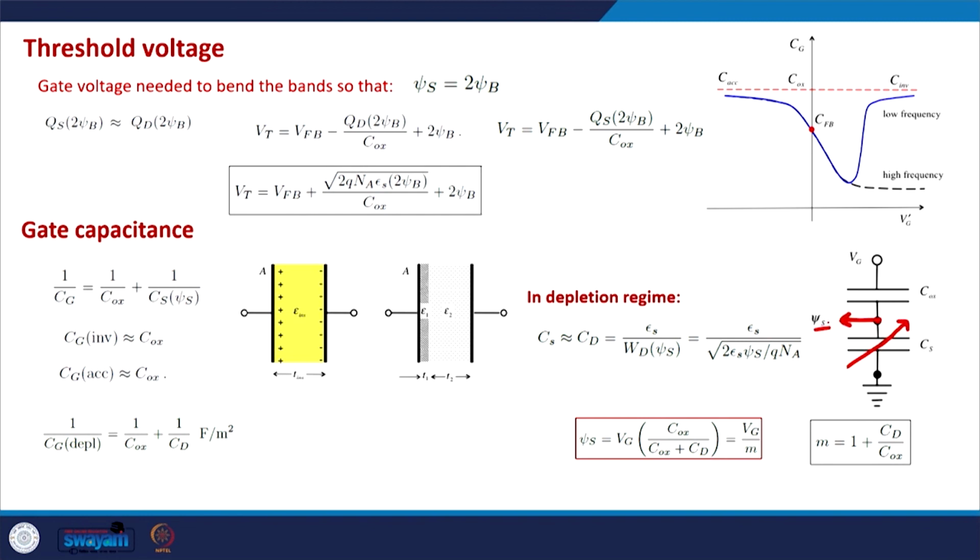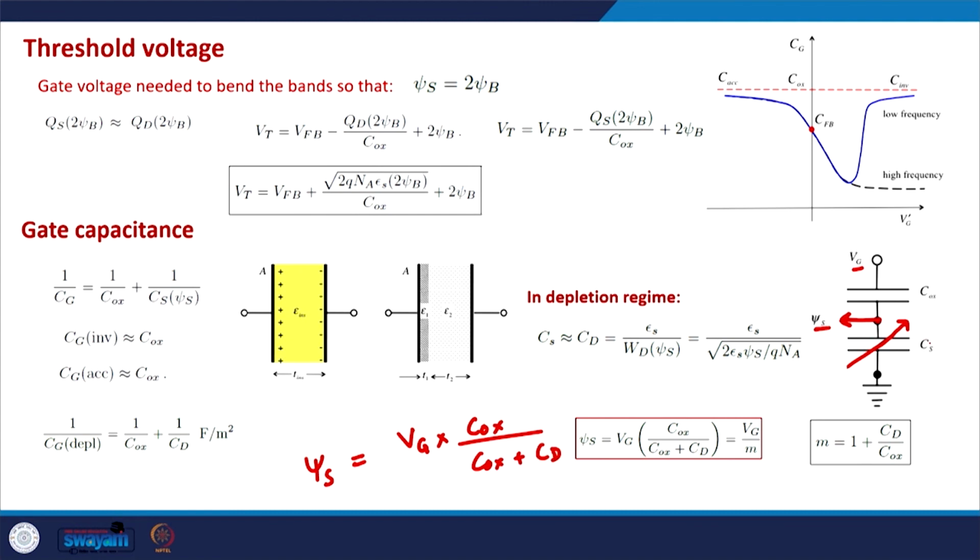This is a series of capacitances, and if we try to find psi s in terms of Vg, we just need to apply the voltage division rule for a series of capacitors. That rule says psi s is Vg times Cox divided by Cox plus Cd, or Cs.